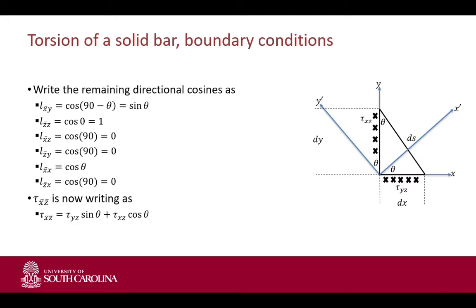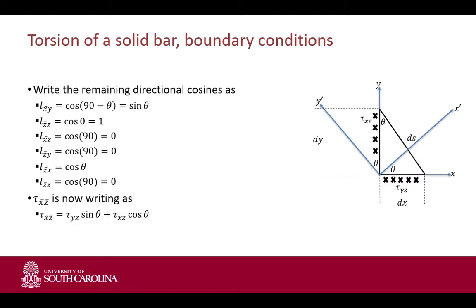Our angle transformation between the original and new z-axis, because you're transforming around the z-axis, that angle is 0, so that's cosine 0, which is equal to 1. The coordinate transformation with respect to the new axis and the z-axis is cosine 90, that's 0.